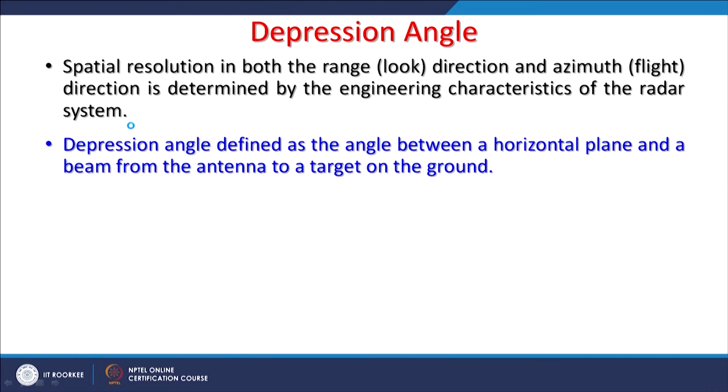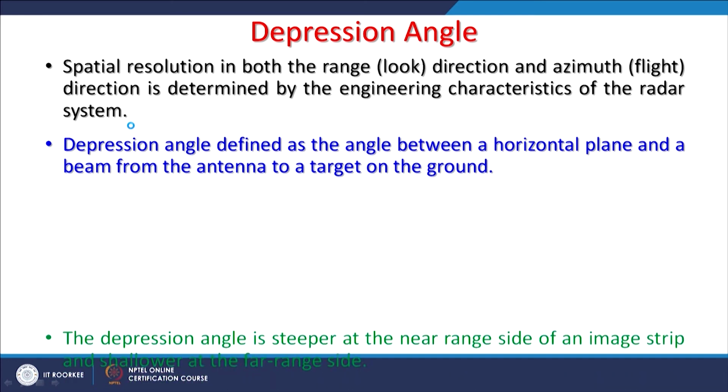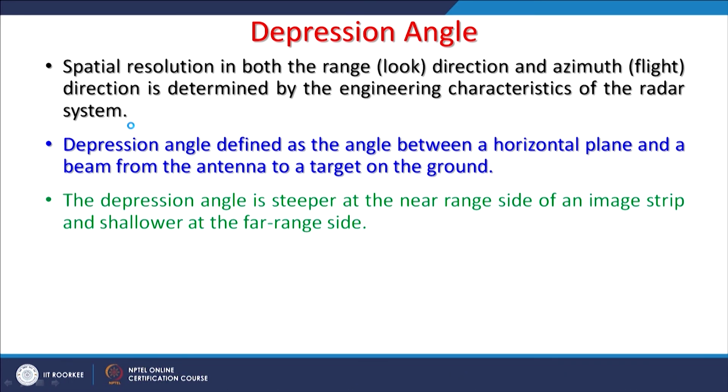The depression angle is defined as the angle between a horizontal plane and a beam from the antenna to the target on the ground. This depression angle is steeper at the near range obviously, and it is going to be shallower at the far range side.